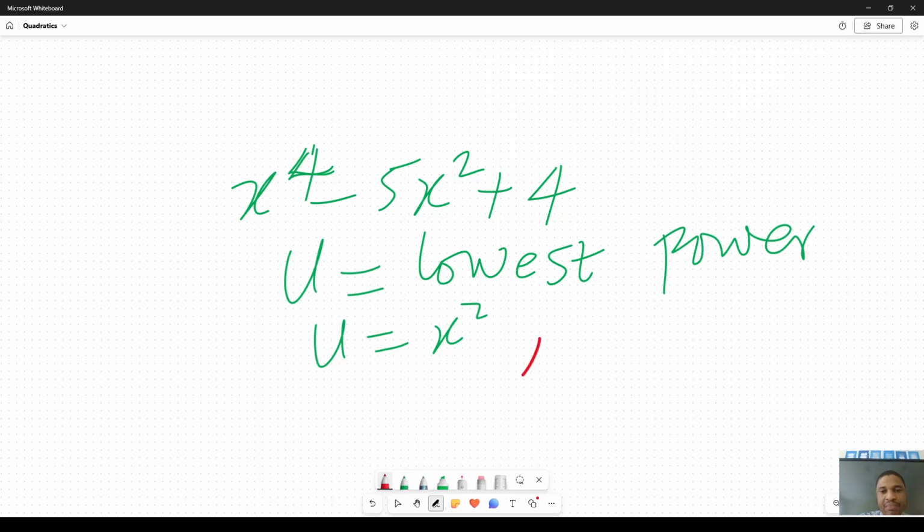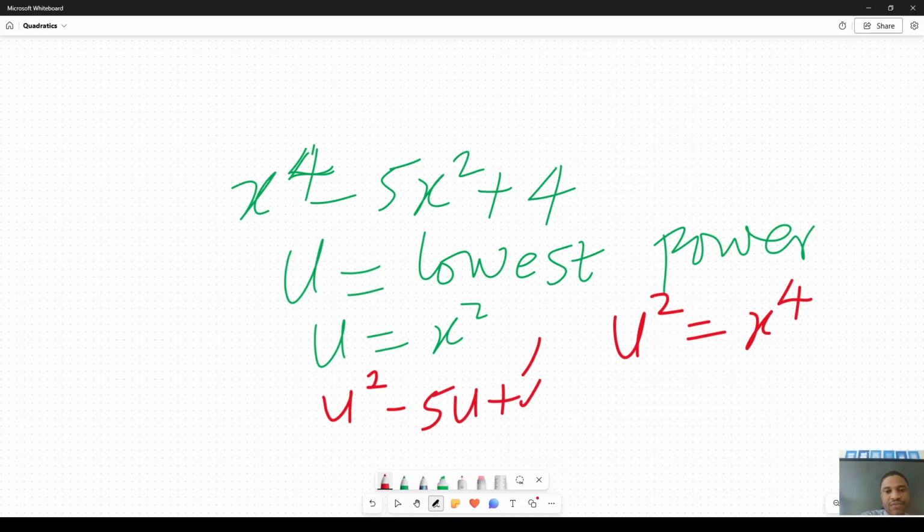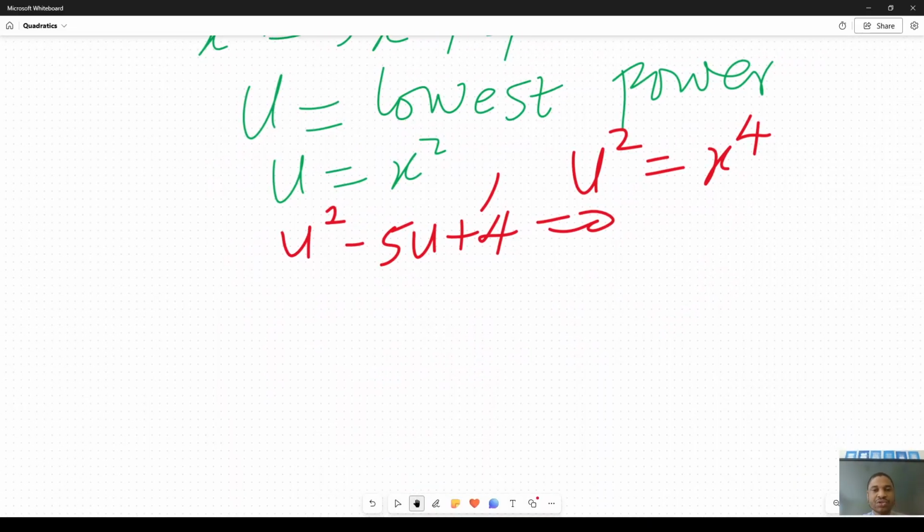So U squared will be x to the power of 4 if I square both sides. So that will be U squared minus 5U plus 4 equal to 0. Again, calculator is your best friend. Don't think too much. If you're smart, you just put 1, minus 5, 4, so the calculator will give you 1 and 4.